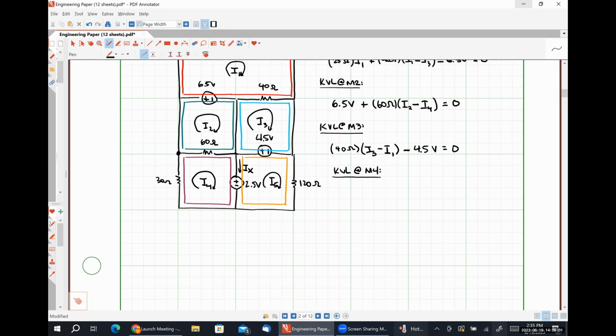Starting at the bottom left, it would be 30 ohms times I4, plus 60 ohms times I4 minus I2, and then plus 2.5 volts equals 0. Absolutely right. And then our last KVL expression is going to be around mesh 5.